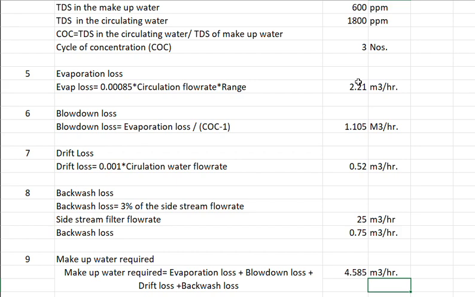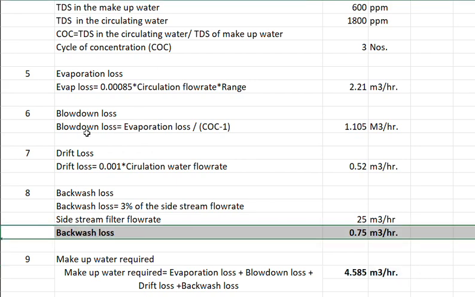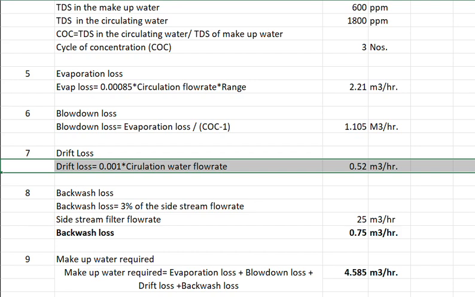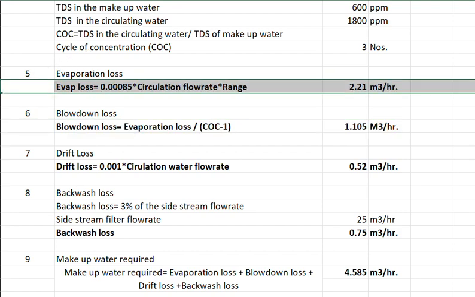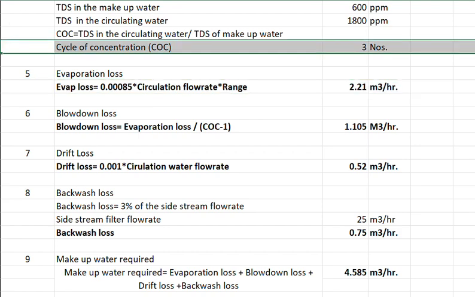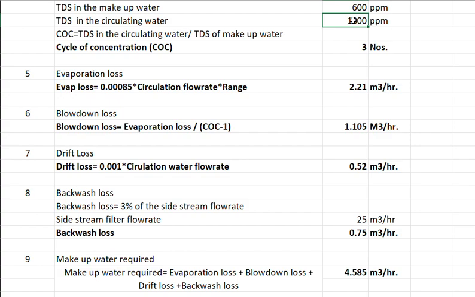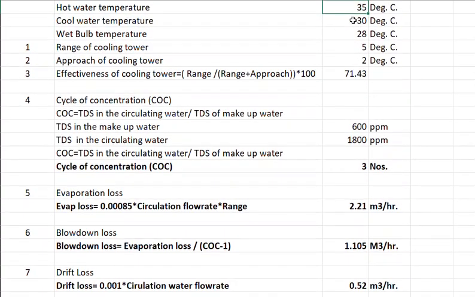Okay, I hope you got the idea about how to calculate the makeup water quantity required. I will highlight what calculations we have performed, so you will get the idea about what we have calculated and with reference to which formula. These are our basic calculations, then cycle of concentration, and range and effectiveness.